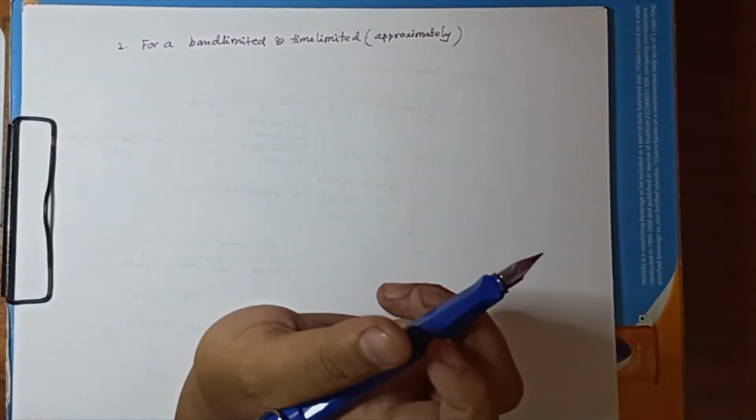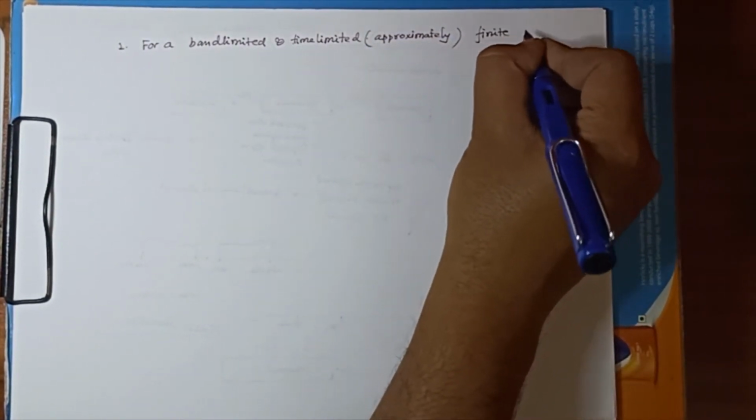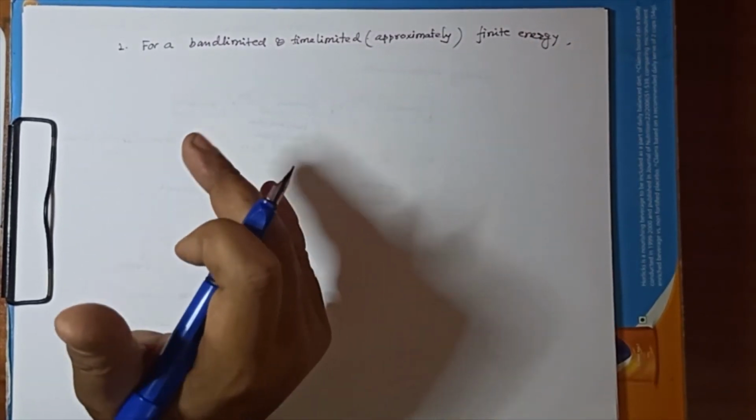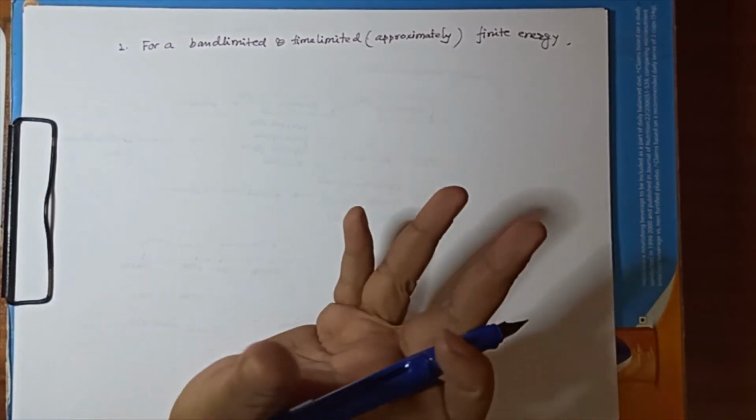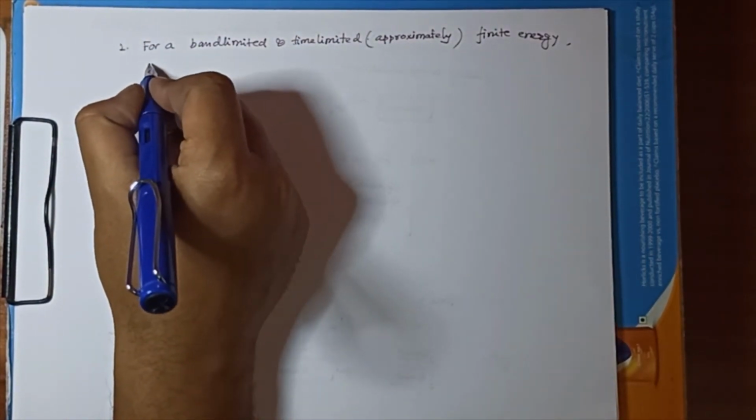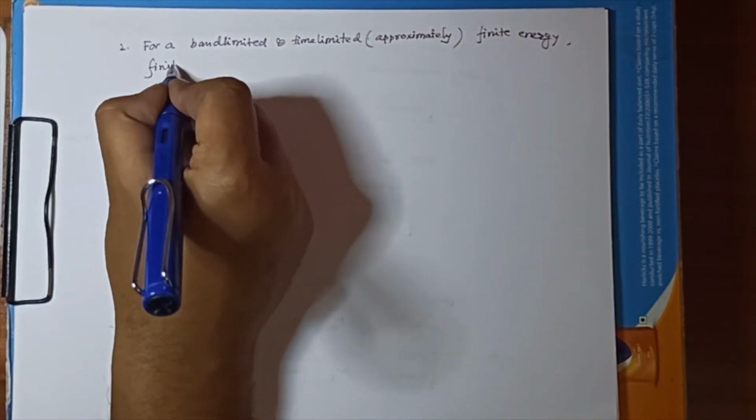Now for this kind of band limited and time limited signal, let us talk about some finite energy signal, of course the energy cannot be infinite, and the signal is sent through a channel which is having some finite noise. So the noise is not infinite, or finite resolution we can say.